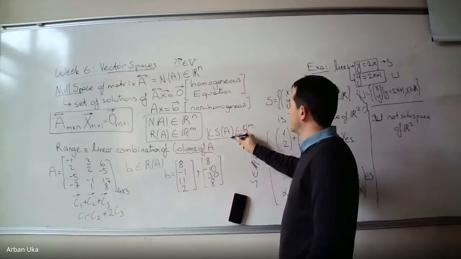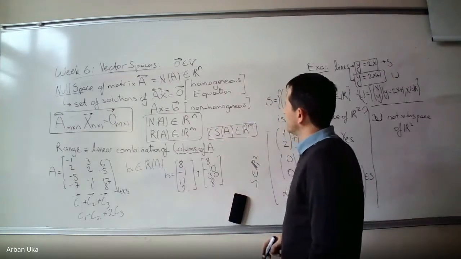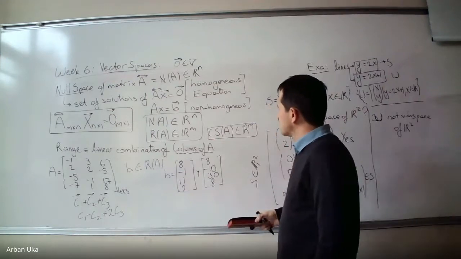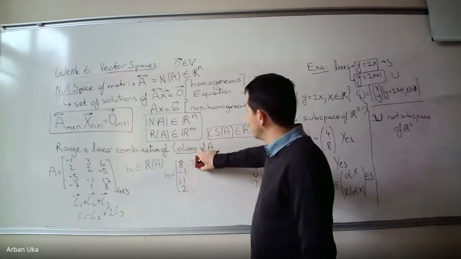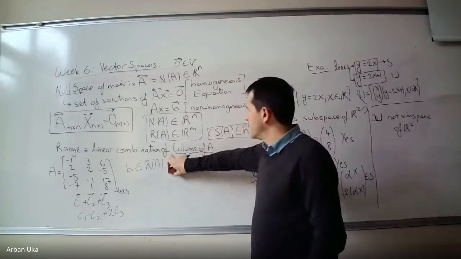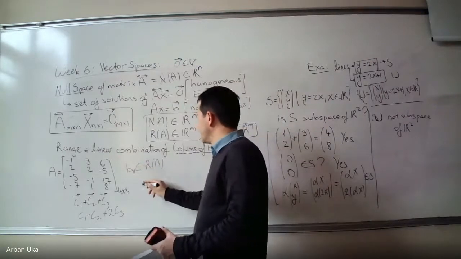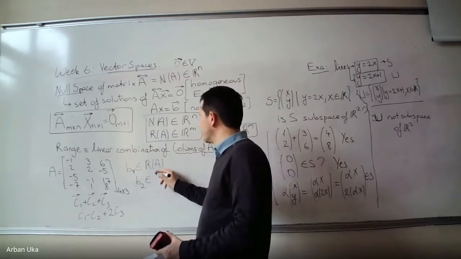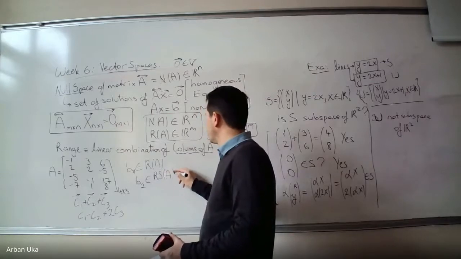What about the row space of A? It defines the linear combinations of the rows. Let's find an element B2, which is an element of the row space of A.